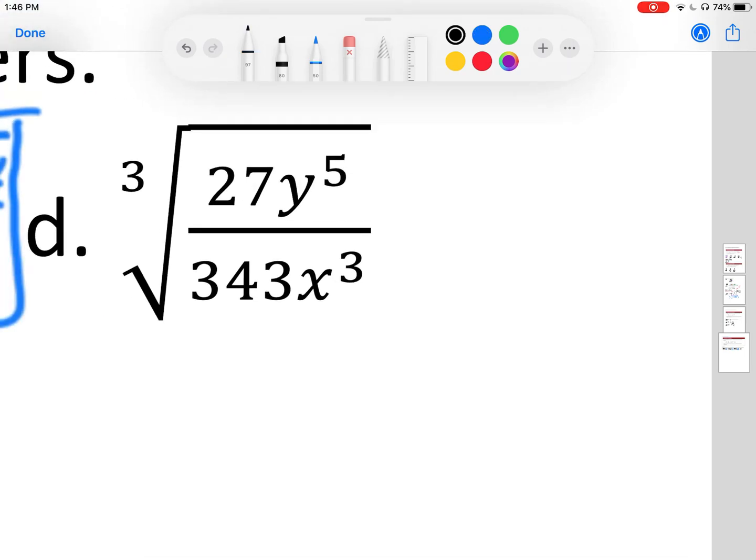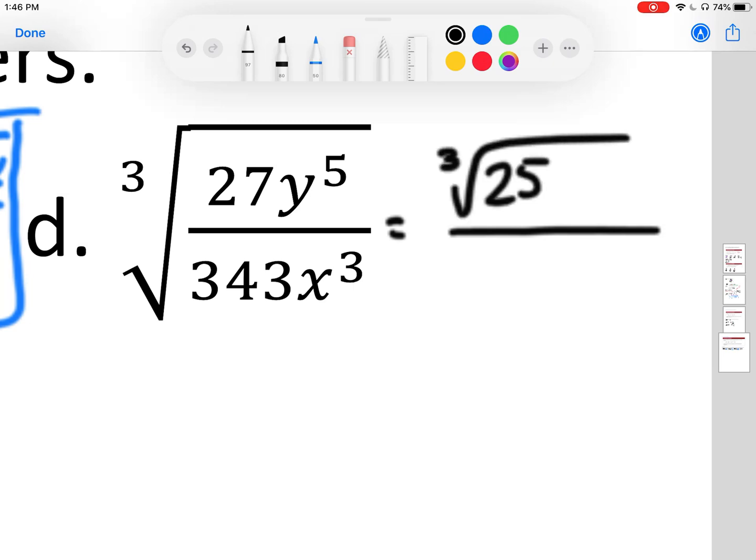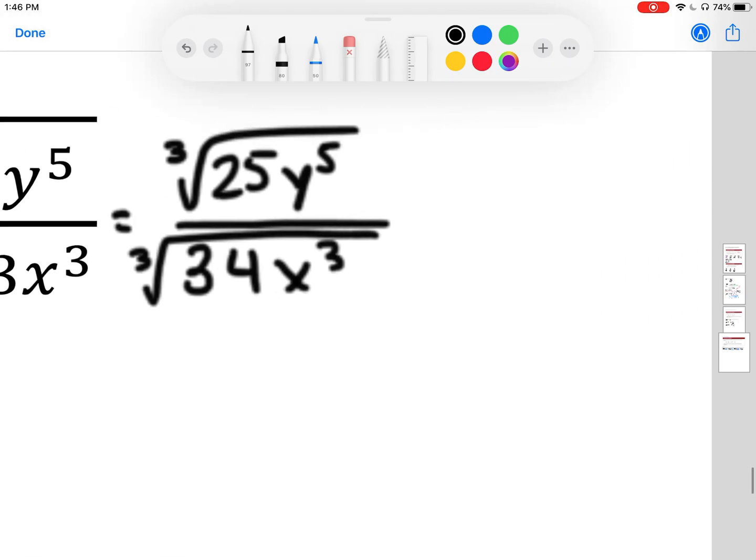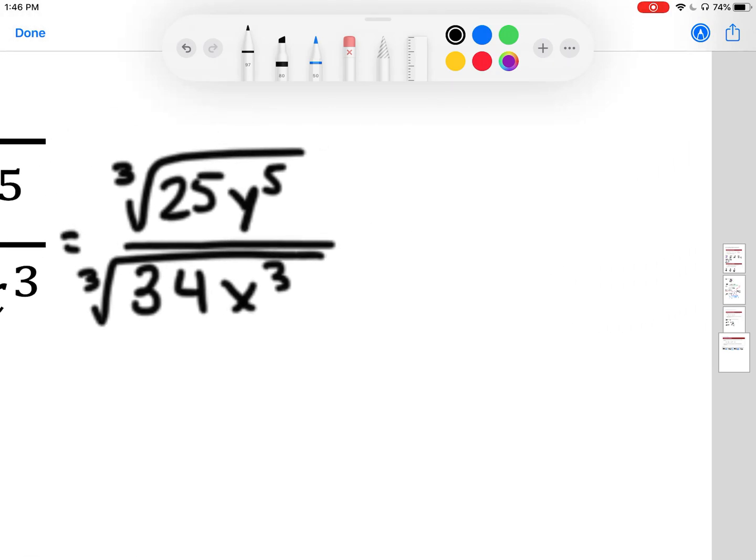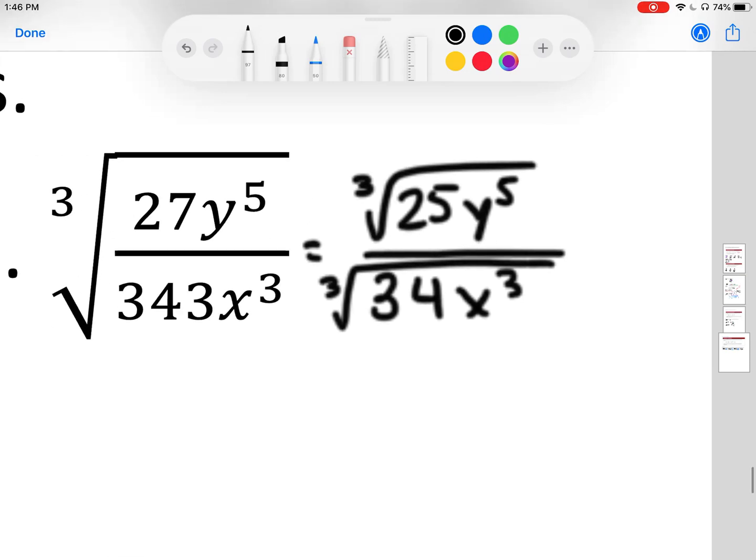D. The cube root of 27 y to the fifth power over 34 x cubed. Okay, well, the cube root of 27, not 25.